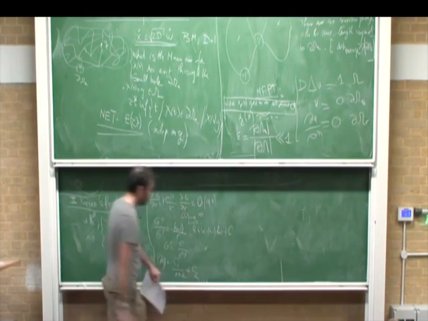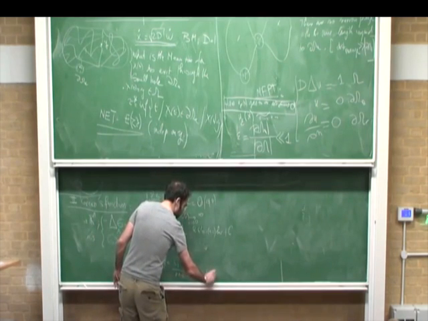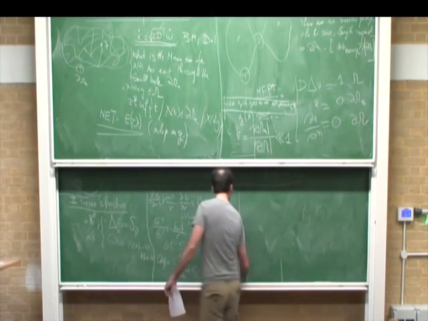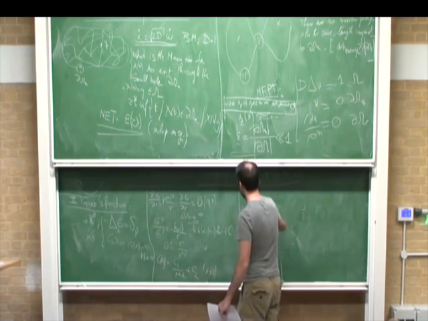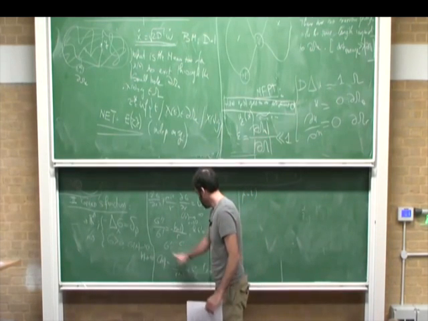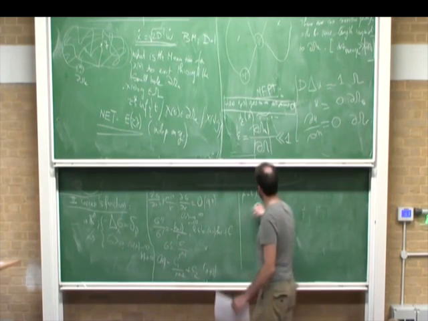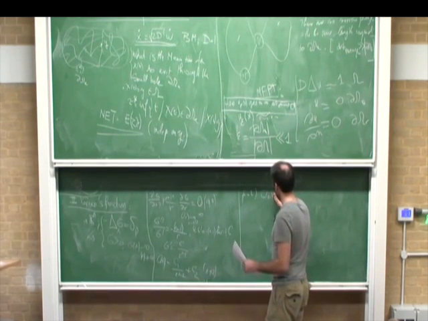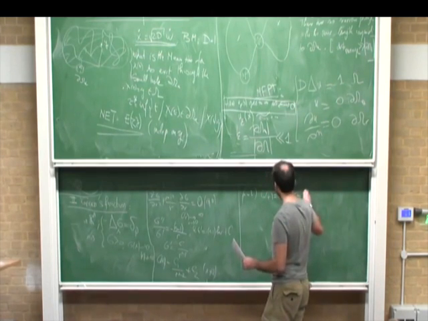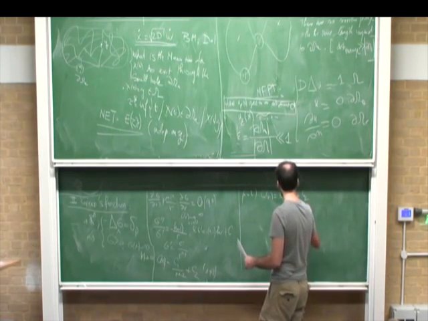This is if n is different from 2. And if n equals 2, if you have 1 over r and you integrate, you get log. So in general, it's C1 log of r plus C2.